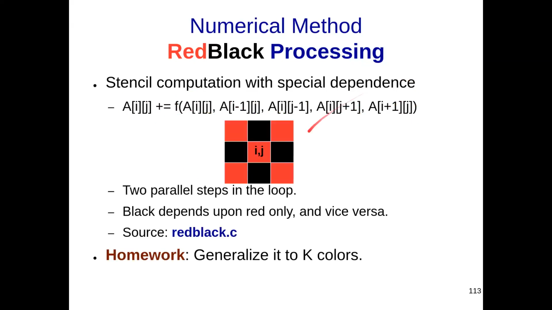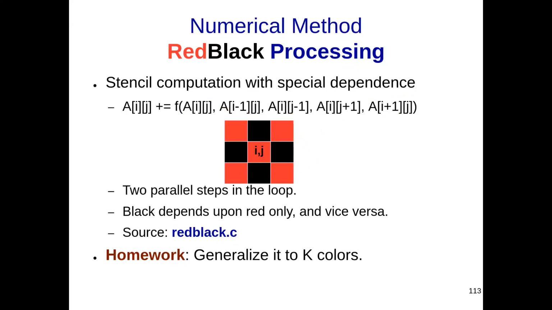So if I talk about ij as a red cell, then that is going to depend upon a of ij itself, and then i minus 1 j. So that is the previous row and the same column, which is the black one. And then these 4 black ones are the ones that are going to appear here, right? So a red cell is going to depend upon these 4 blacks. And if you talk about a black cell, that is going to depend upon these 4 reds as its neighbors, and so on.